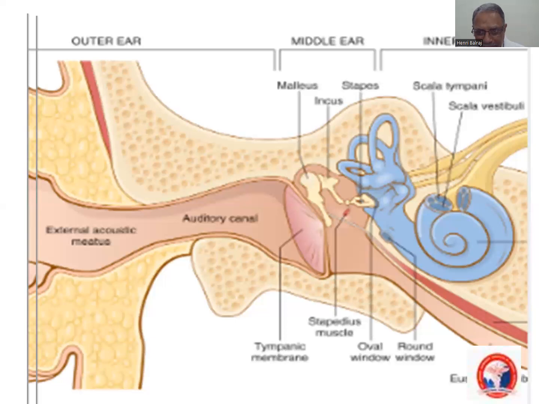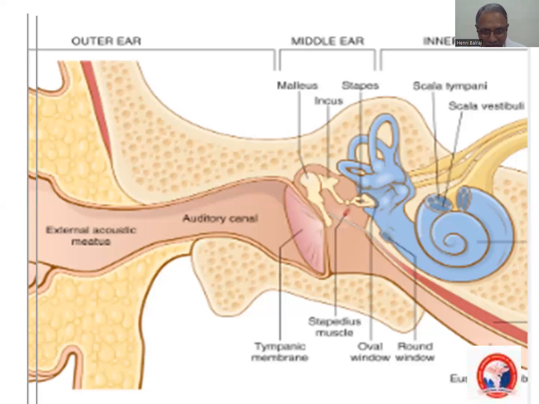In the scala media are the receptors for hearing, the hair cells with stereocilia. Movement of these stereocilia causes depolarization of the hair cells.